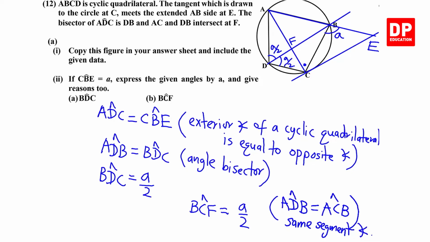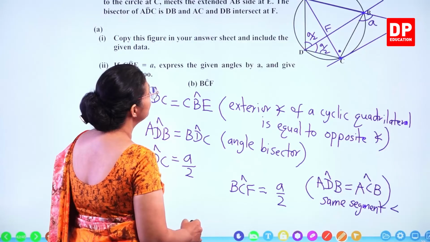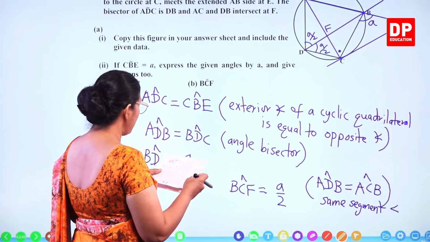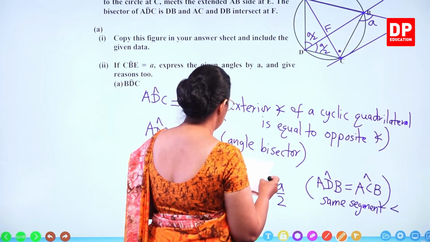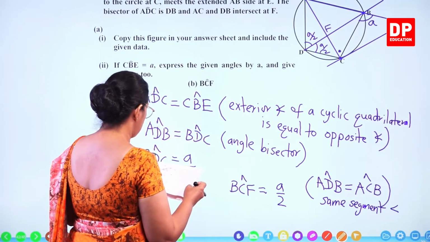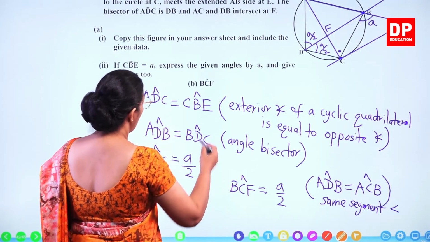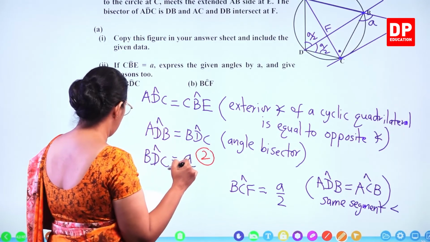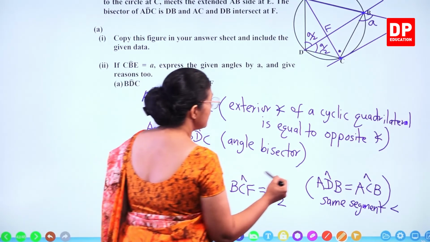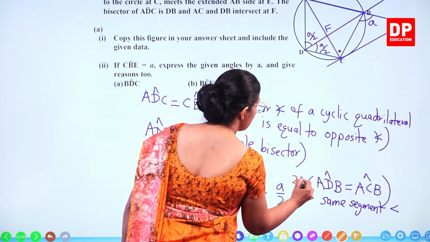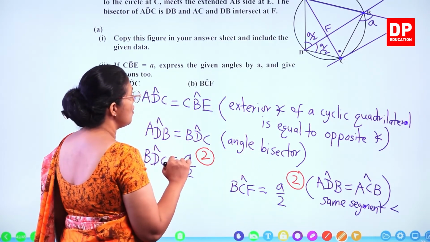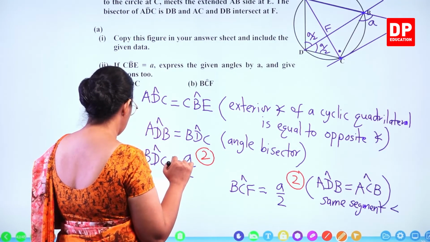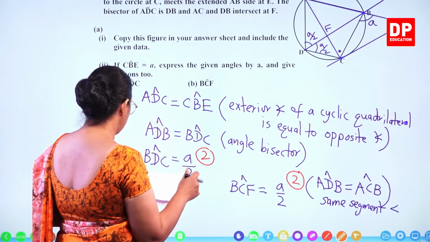Same segment angles are equal. So we can give 2 marks for finding this angle, and you get 2 marks for finding this angle. Altogether 4 marks for this one.